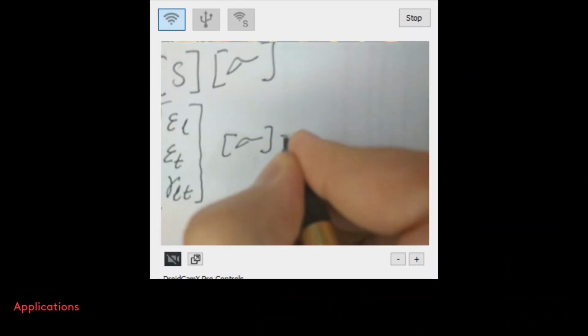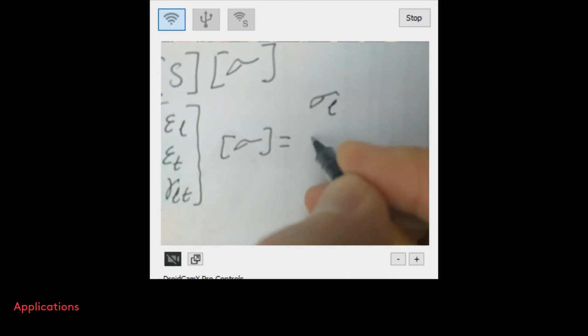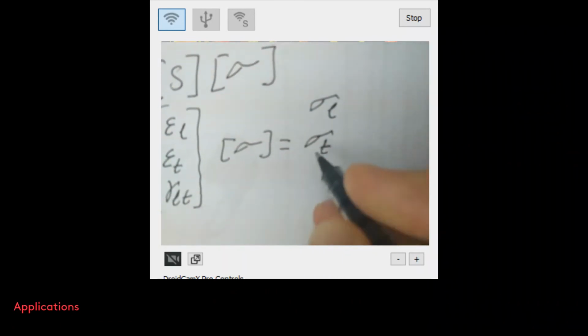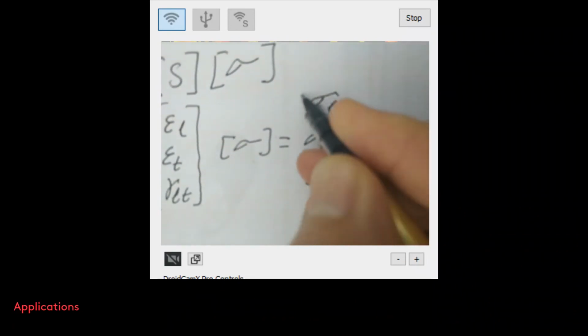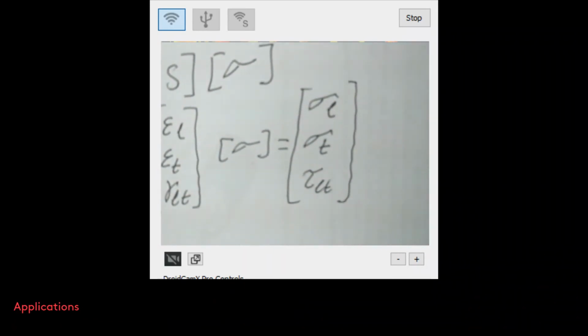Then we have the stress. Stress in the direction of the fibers, stress in the transverse direction, and then the shear stress.